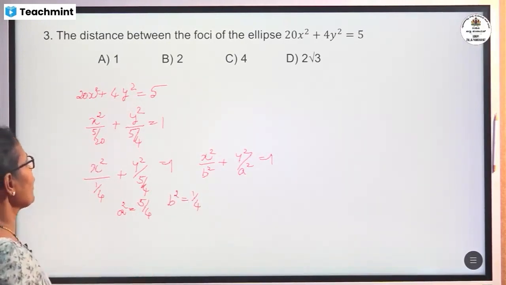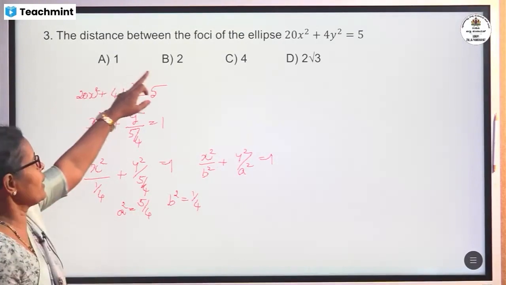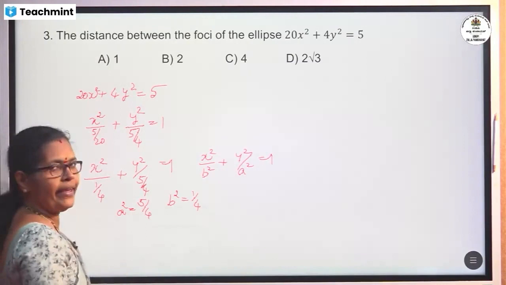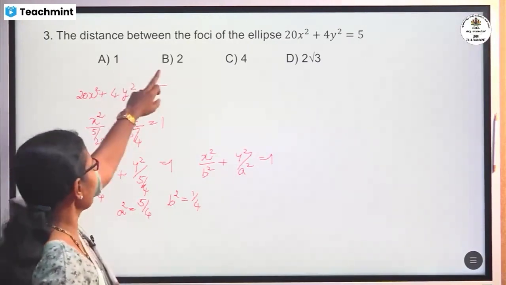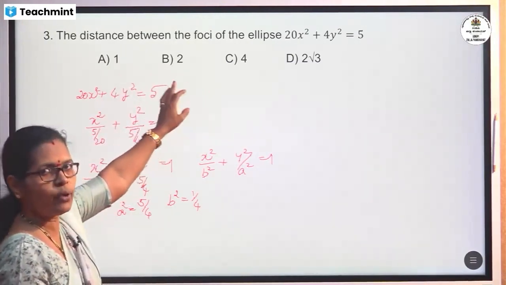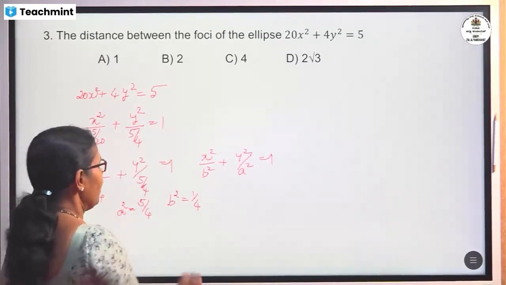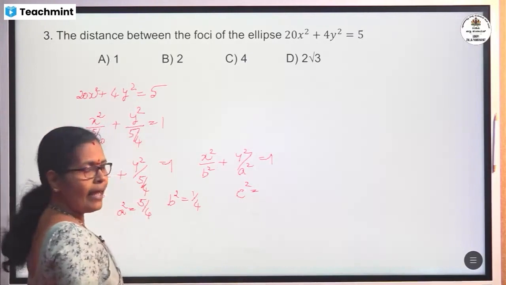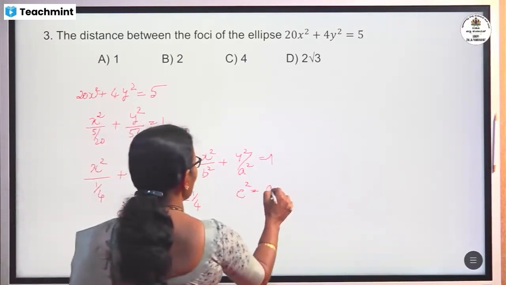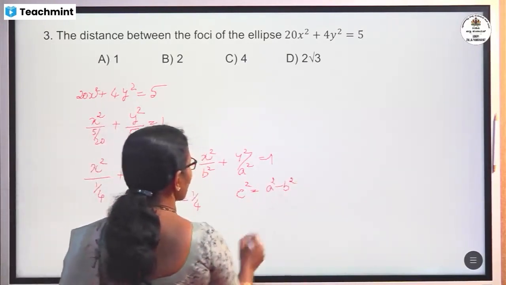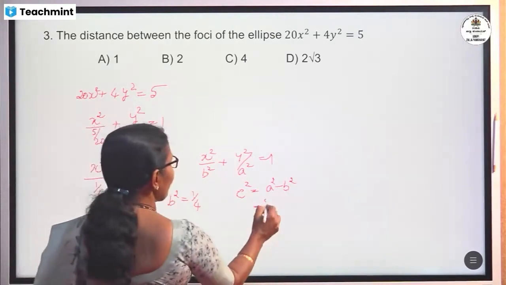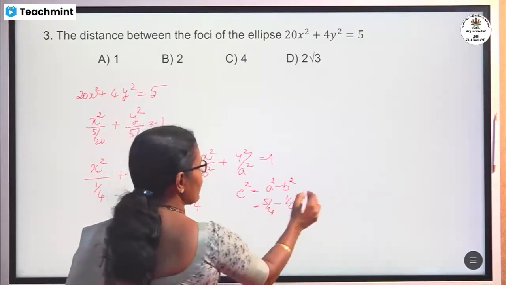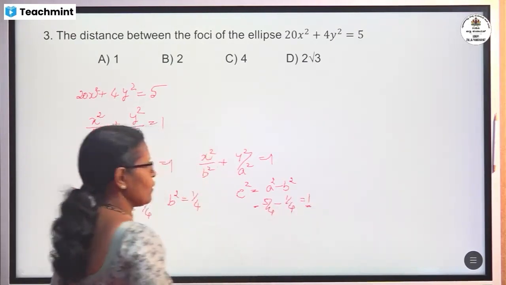Then what we have to find here is the distance between the foci. The distance between the foci means 2AE or 2C. Now we have to find C. In an ellipse, C square is equal to A square minus B square, which is equal to 5 by 4 minus 1 by 4, that is 4 by 4, equal to 1.